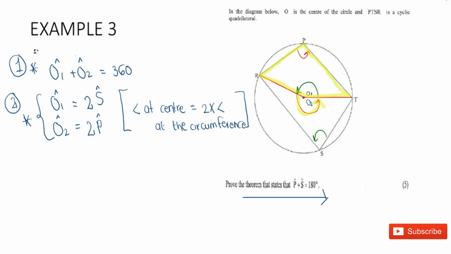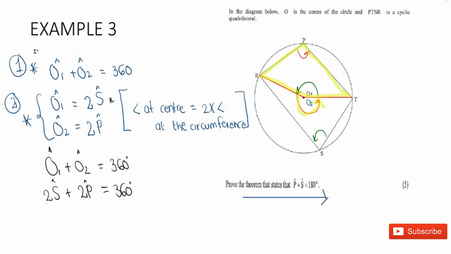Angle O1 plus angle O2 is equal to 360 degrees. What is our angle O1? We found that angle O1 is 2S. And our angle O2 is 2P. And that is equal to 360 degrees.